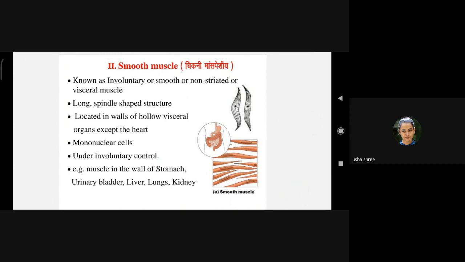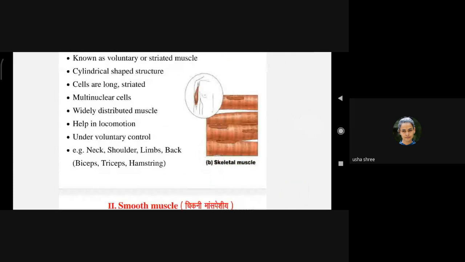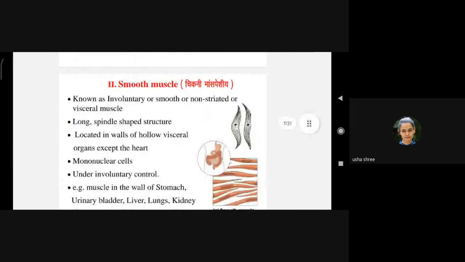I have already talked about spindle shape. Spindle shape is a smooth muscle. So skeletal muscles are cylindrical in shape, but smooth muscles are spindle in shape. I'm sorry for the correction.